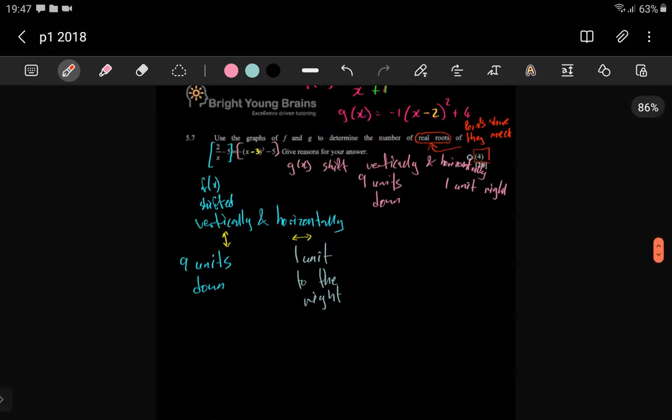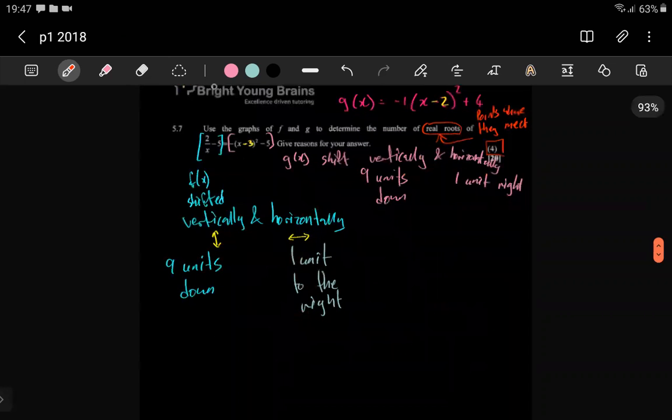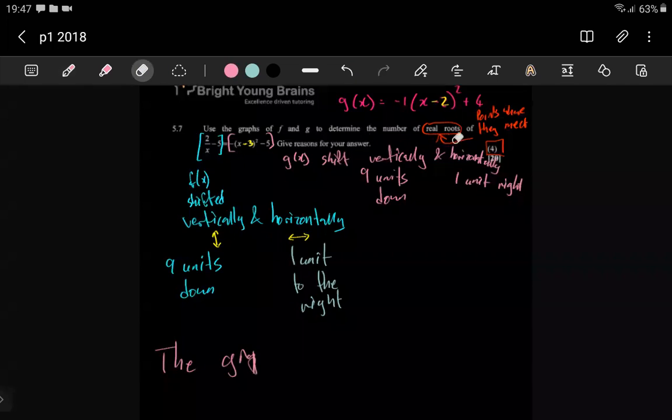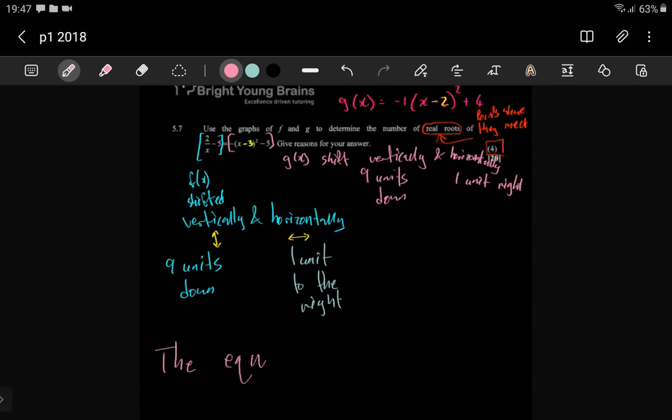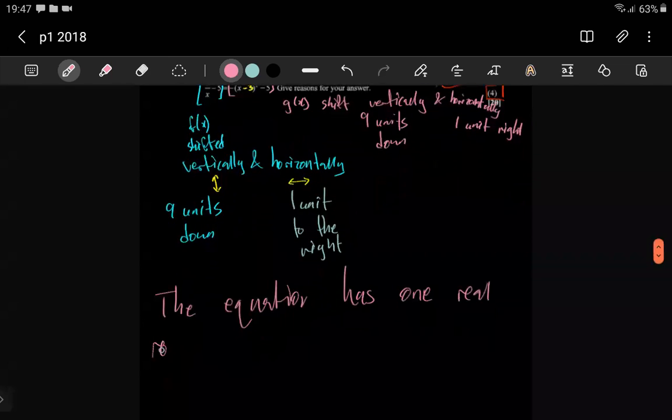So for a good 4 marks here, we literally just have to say words. So let's say here the graphs, or rather the equations, because that's the question. Use the graphs of blah blah blah to determine the number of real roots of this equation. So we're going to say here the equation has one real root.